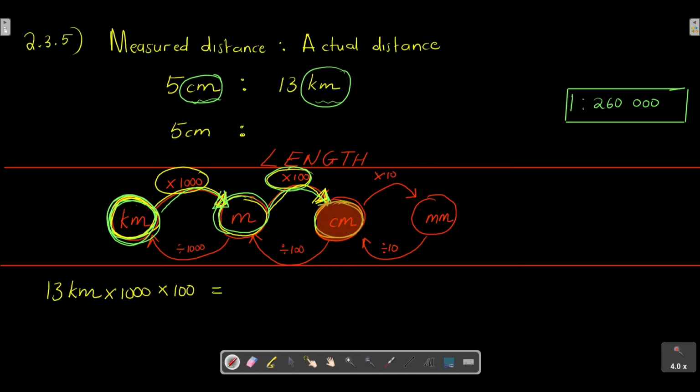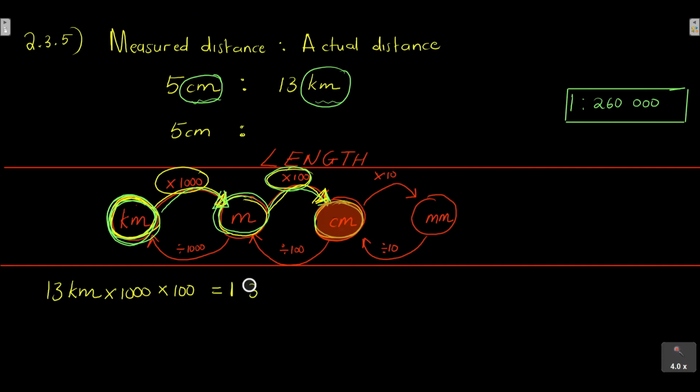All right, 13 multiplied by 1,000 multiplied by 100, you will get 1,300,000 centimeters. So it's 5 centimeters to 1,300,000 centimeters.